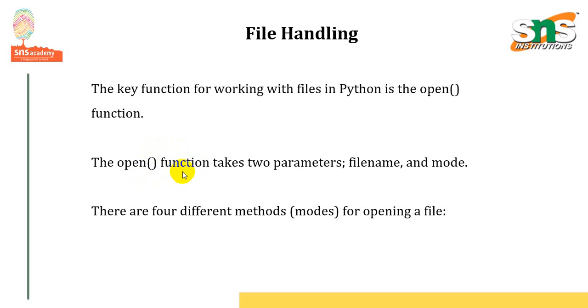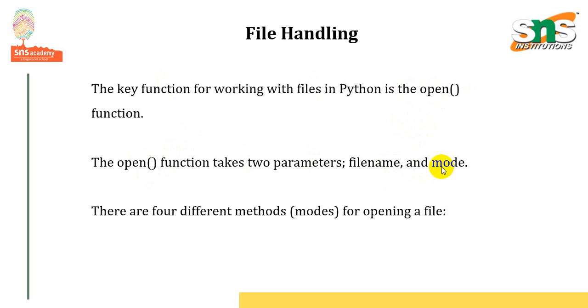The open function has two parameters. One is the file name, the second one is the mode. The file name represents the file which is present inside the program, right? If you are creating a particular file, you are supposed to save it in the Python folder. Then you give that file inside this function. That is the use of open.